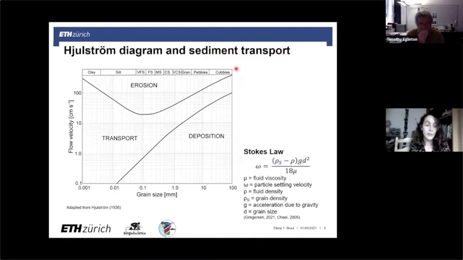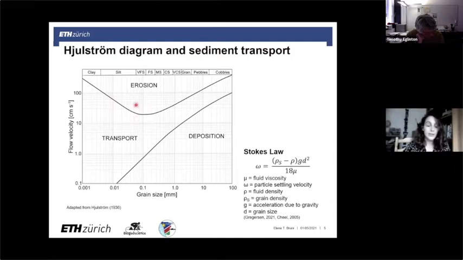New at the time, and it might still be surprising, is that the curve dips in the small or intermediate grain sizes, which indicates the transition between grain sizes which are dominated by gravitational inhibition of erosion and the smaller grain sizes which are dominated by cohesion forces between the grains.